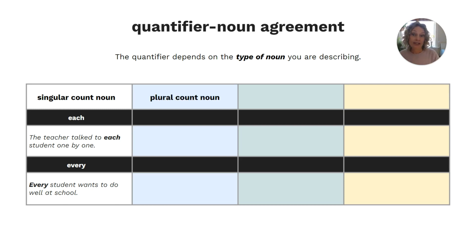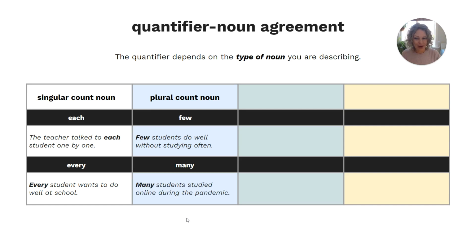If your noun is a plural count noun, then you might need to use the quantifier few, as in few students do well without studying often. So that means a small number. Many shows a large number for plural count nouns, as in many students studied online during the pandemic.